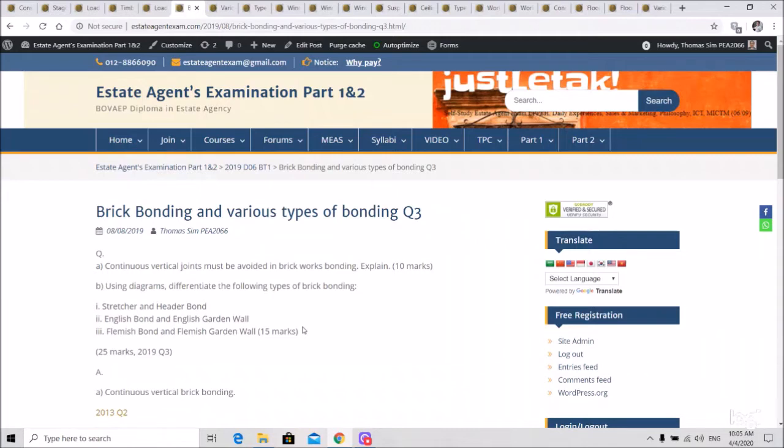Load bearing, the whole wall load bearing type of construction, is obsolete already, not very well practiced. But in the old days, when foundation technology, making foundation or piling, was not as advanced as today, a lot of the previous technology were all using load bearing. And when you use load bearing, you will be very concerned about the brick bonding issue.